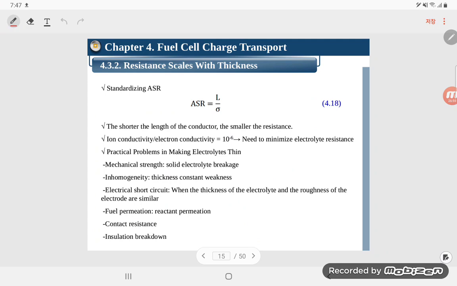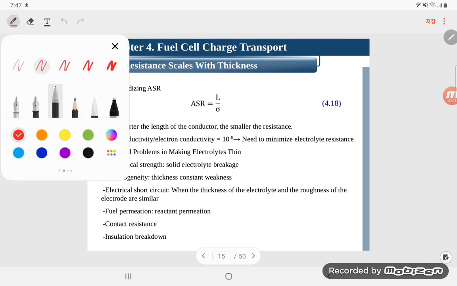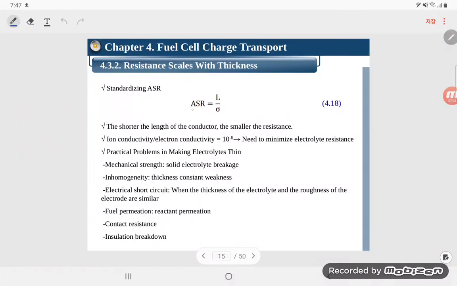As we learned about standardizing ASR, the ASR is defined as resistance times area of the cell, and it equals L over sigma. So the shorter the length of the conductor, the smaller the resistance, surely.